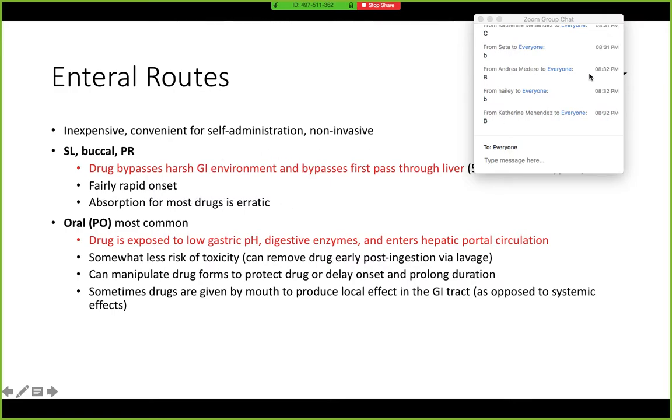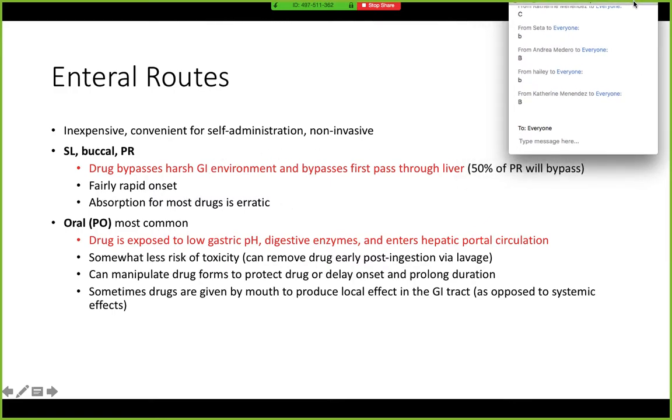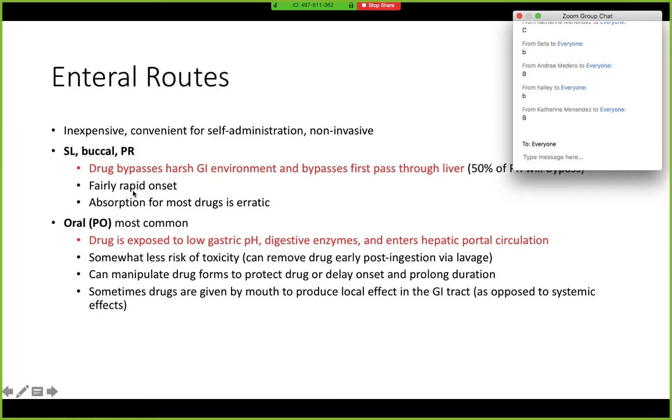So let's go over some of the routes of administration real quick. So enteral routes include sublingual, buccal, and PR, which is per rectum. And you could definitely trust Dr. Weaver here. The only thing you really need to know is what's in red.